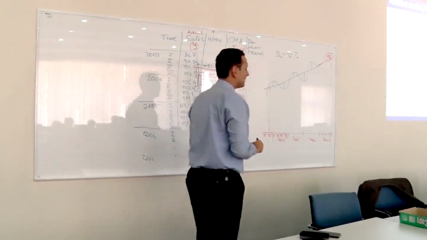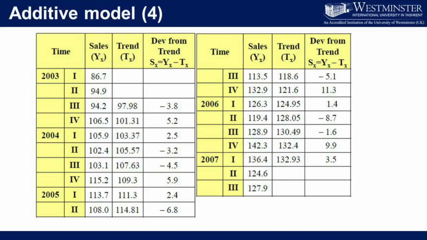So let's look at the slide. To find S, what was the first number for trend? This is 97.98. To find the deviation from trend, you subtract this from the actual sales, T from Y. So 94.2 minus 97.98, and you're getting negative 3.8.